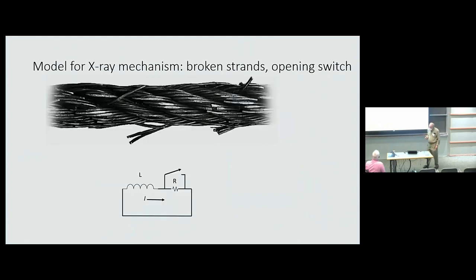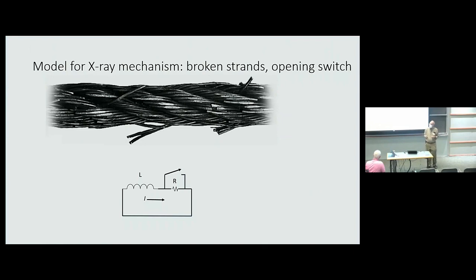So now I want to say something about a model for what's going on. We're also seeing X-rays from this, and I'll say more about that. But I have this picture that in the real world, you don't have a single jet. You've got magnetic field lines wrapped around each other, and it has somewhat of a fractal structure, something like a rope, and each one of these strands here is carrying some of the current.